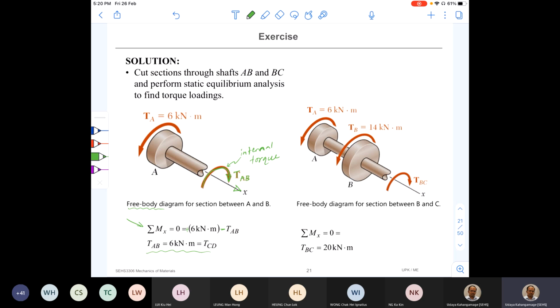Now, with that knowledge, you should be able to find out the internal torque between B and C by using the second free body diagram. It is a portion cut between B and C. There again, the TBC is the internal torque.